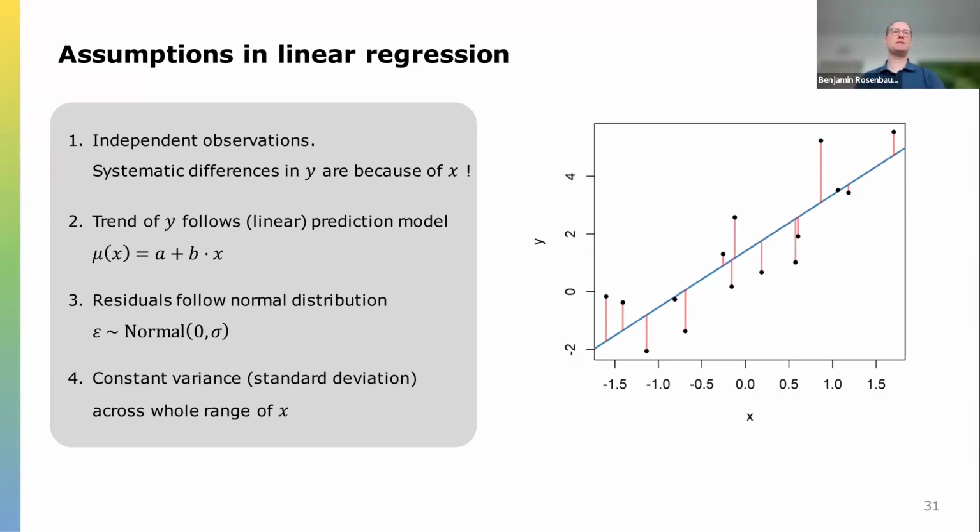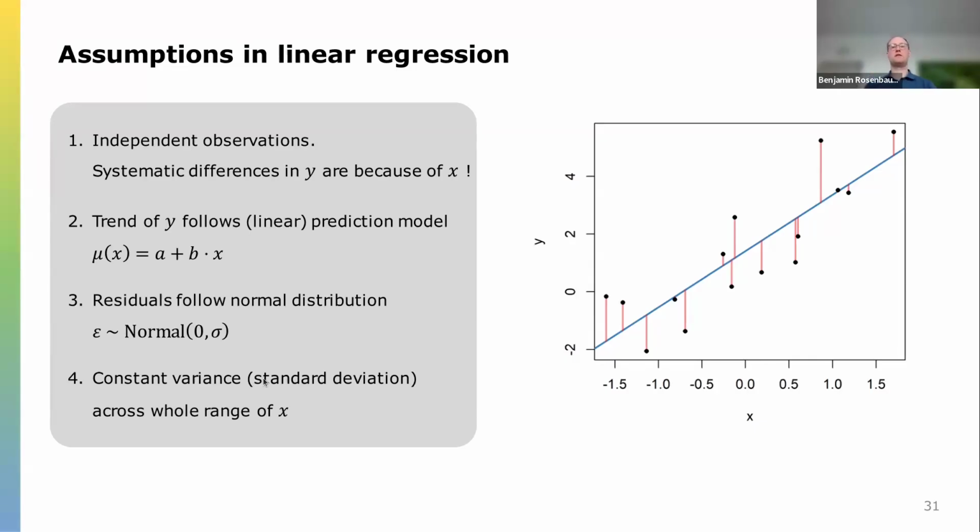Then the third assumption is the normal distribution of the residuals. Again, it's not an assumption on the raw response values, but an assumption on the residuals. And the last one is already kind of implicated in the third one. This variance, the sigma here, is the same across the whole range of values. So the standard deviation doesn't get larger or smaller across the range of predictor values.